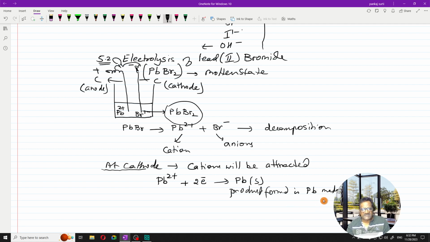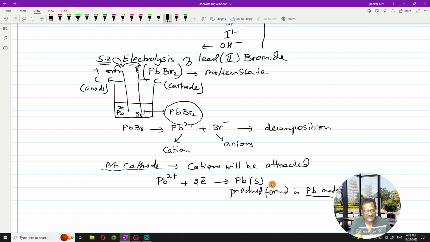So the observation is that you will see a brownish layer accumulating on the cathode. If they ask you what is the product formed at the cathode, your answer should be lead metal, and the observation is a brownish layer deposited on the cathode.